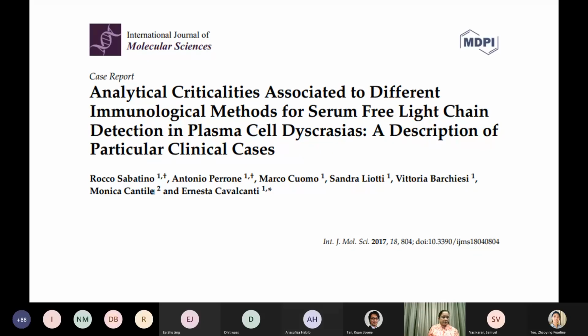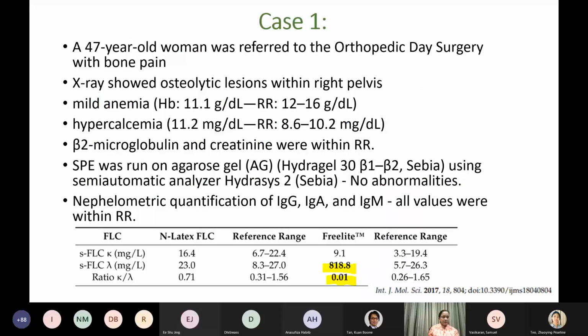Overall, from the patient screening, they found around 96% agreement between the two assays. But they found three cases with interesting differences in free light chain results. Case number 1 was a 47-year-old woman who was referred to the orthopedic day surgery with bone pain.